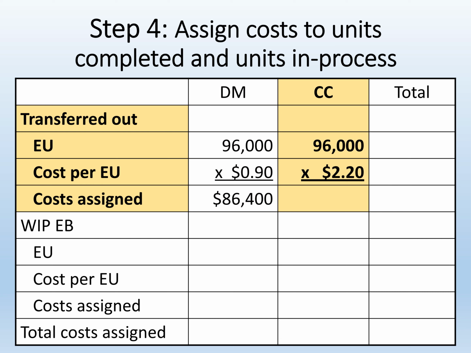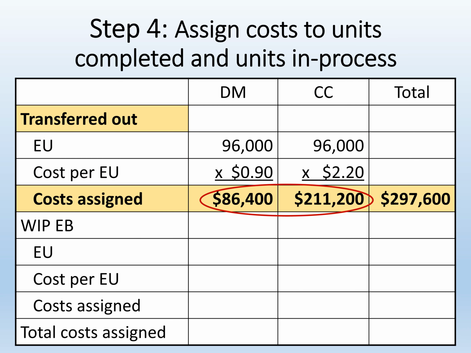Similarly, we can multiply the number of equivalent units for conversion costs times the cost per equivalent unit for conversion costs that we figured out in step 3 to get the total conversion costs assigned to the units that were completed and transferred out. If we add these two amounts, that will give us the dollar value of all of the units that were completed and transferred out of the mixing department during the period.